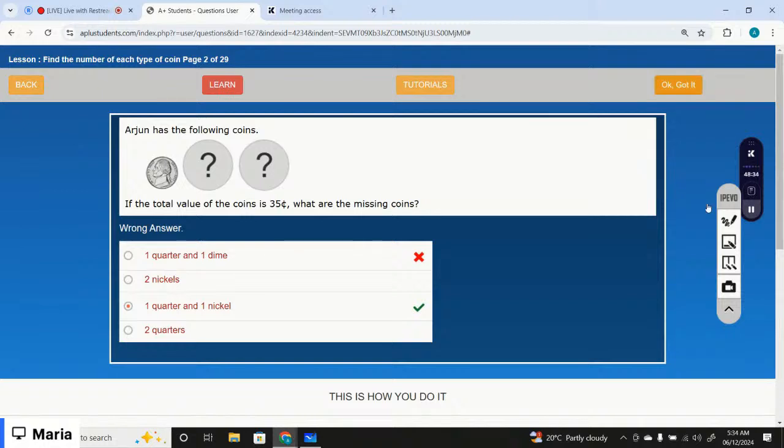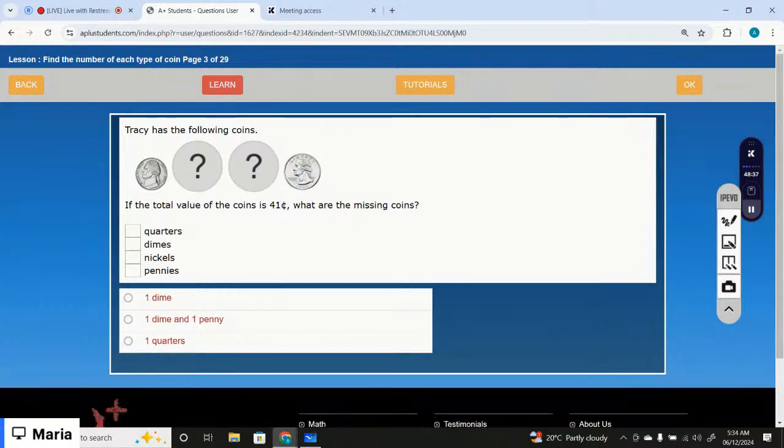Okay, that is one quarter and one nickel. Option three is the correct option.